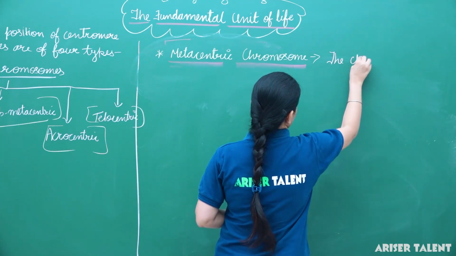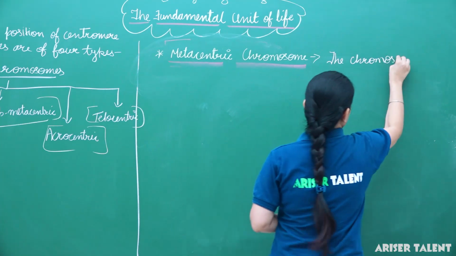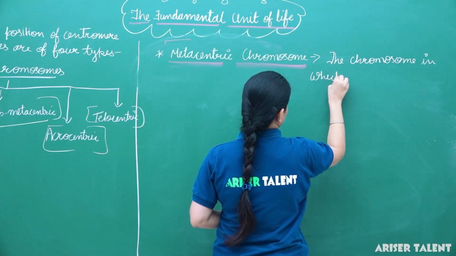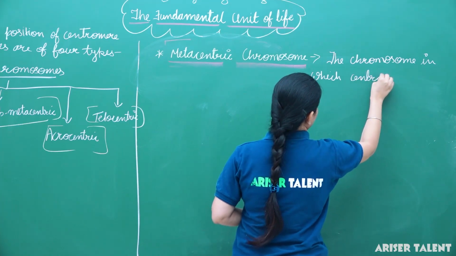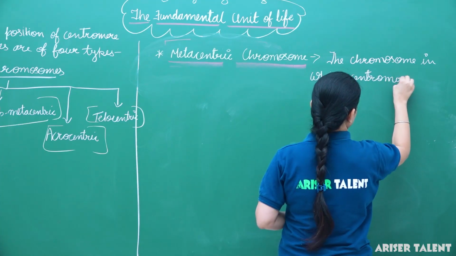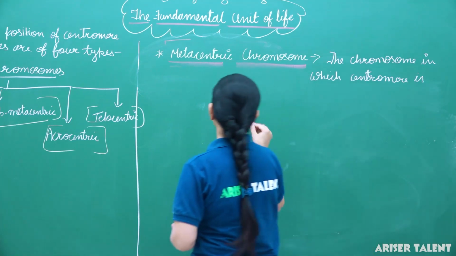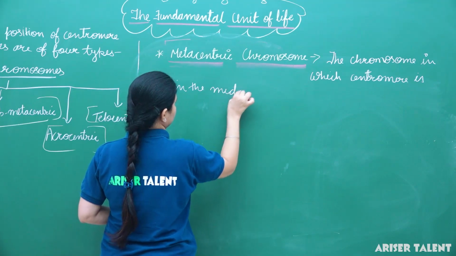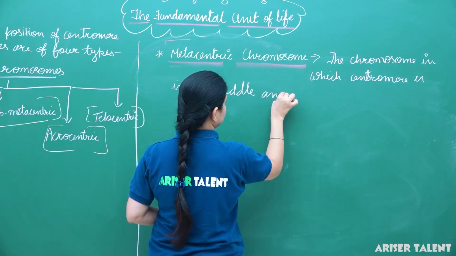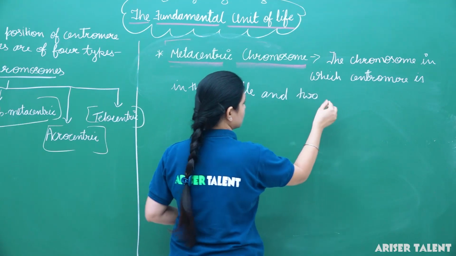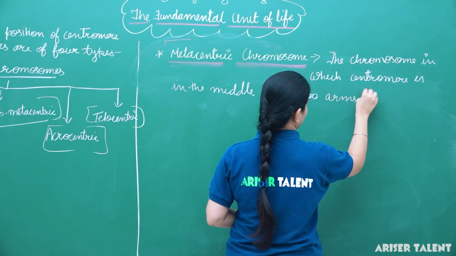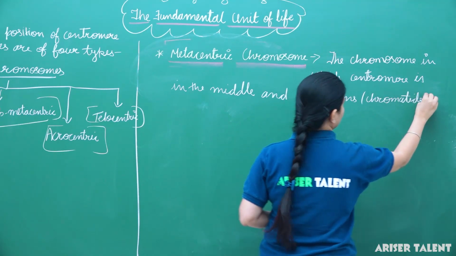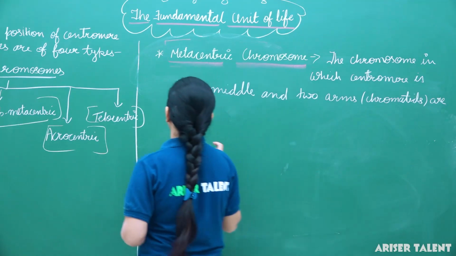The chromosome in which the centromere is in the middle and 2 arms, means chromatids, are equal in length.